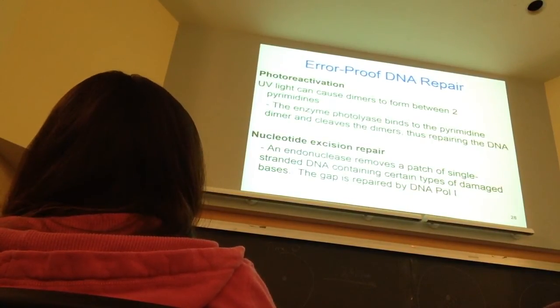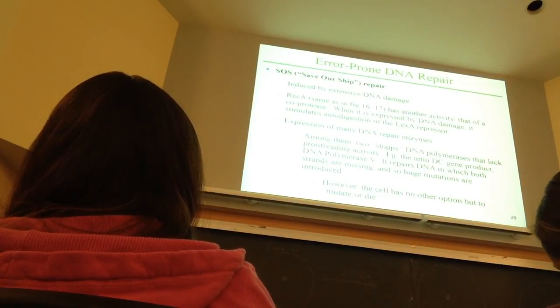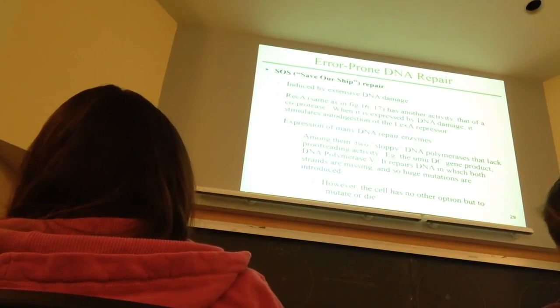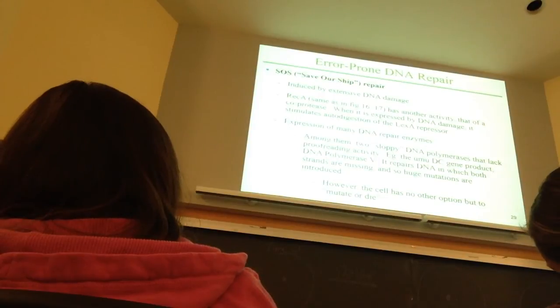So is that a duplicate slide in yours? If it's not, just say, already covered. I'm really not covering any more the error-proof DNA repair. And I want to talk about the error-prone DNA repair. The SOS, save our ship repair.